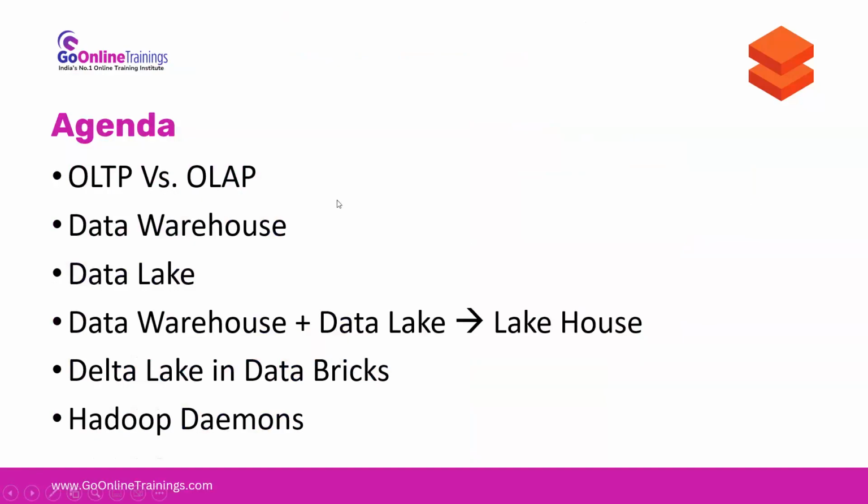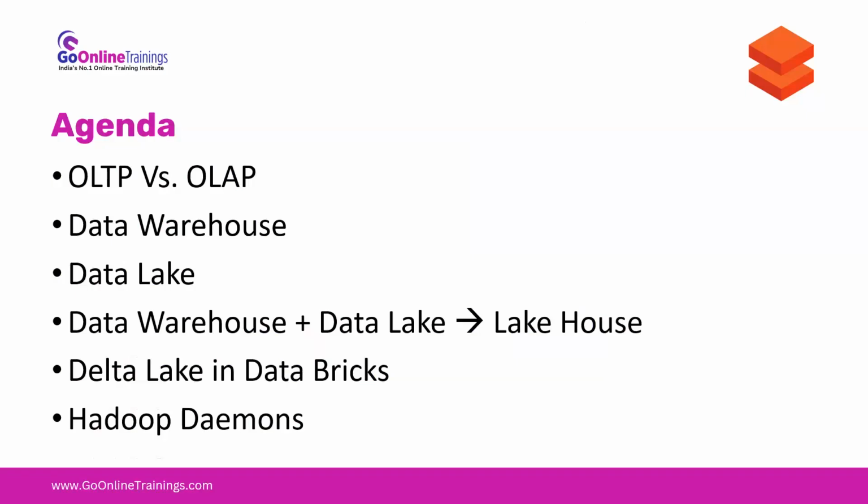Now, let us understand what OLTP and OLAP are. We already know what a data warehouse is, but today let us talk about what a data lake or a delta lake is. And if time permits, I'll be talking about Hadoop daemons. If you want to understand the Spark architecture and Spark cluster, you have to start with Hadoop, to store large amounts of data.